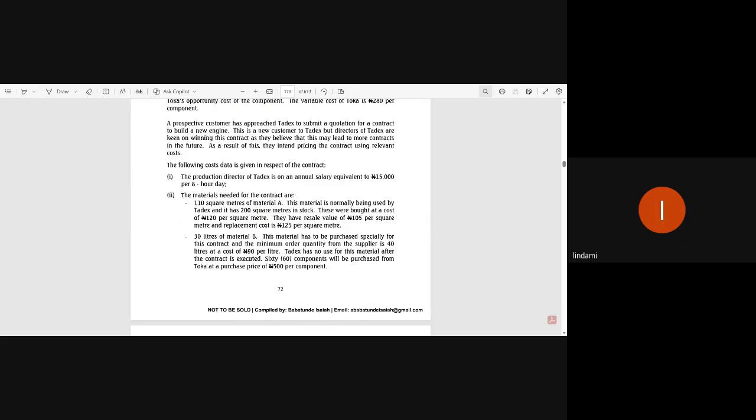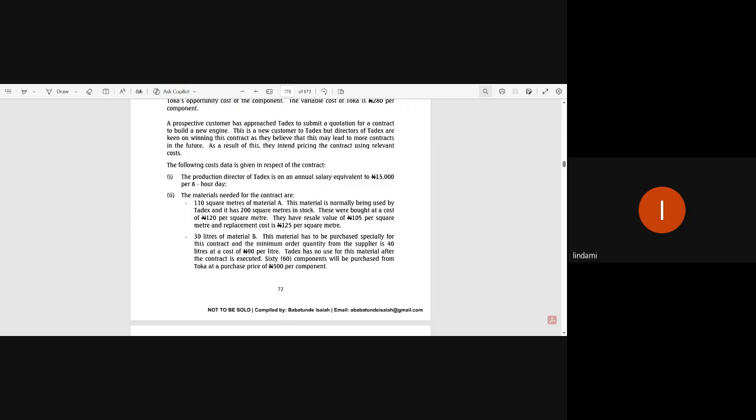3. A total of 240 direct labor hours will be required. The current wage rate for the grade of labor that will work on the contract is 110 naira per hour. Tedex currently has 75 direct labor hours of spare capacity for this grade, paid under a collective wages agreement.